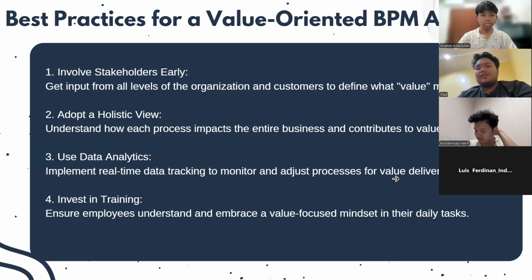That means understand how each process impacts the entire business and contributes to value creation. The third one, use data analytics: implement real-time data tracking to monitor and adjust processes for value delivery. Fourth one is invest in training. It means ensure employees understand and embrace a value-focused mindset in their daily tasks. Next slide.